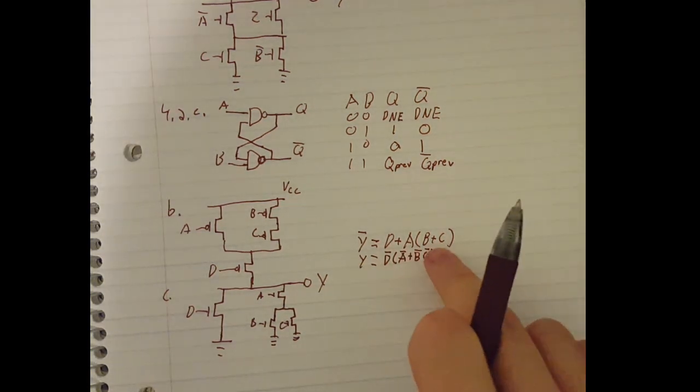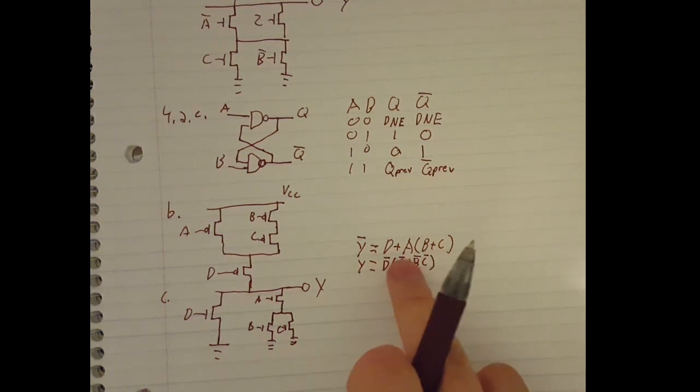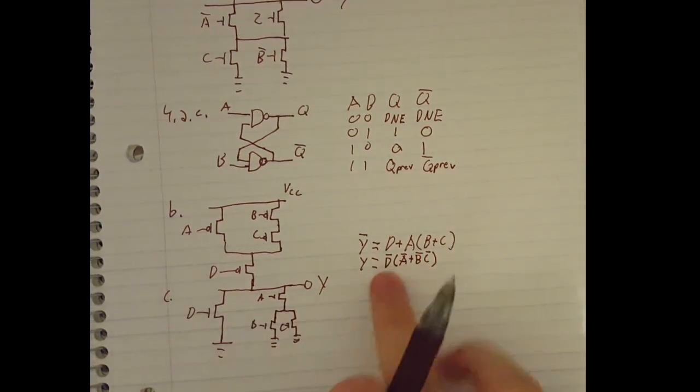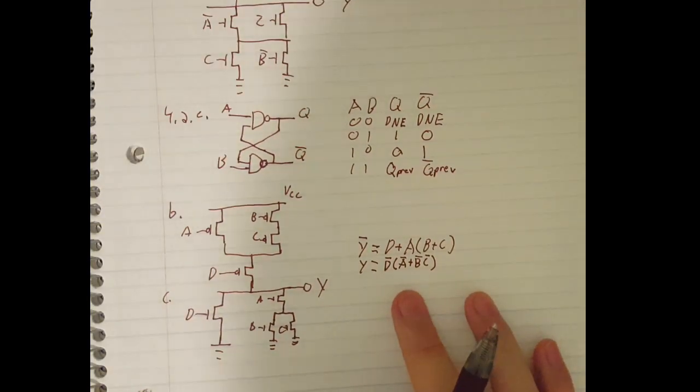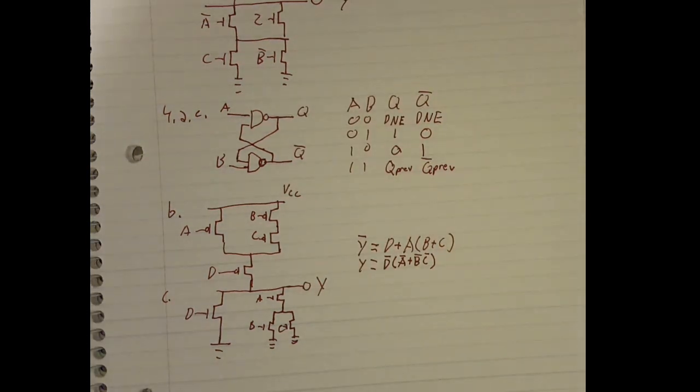I like to do pull-down network because these are the same as the inputs instead of inverting them, which you have to do for the pull-up network.